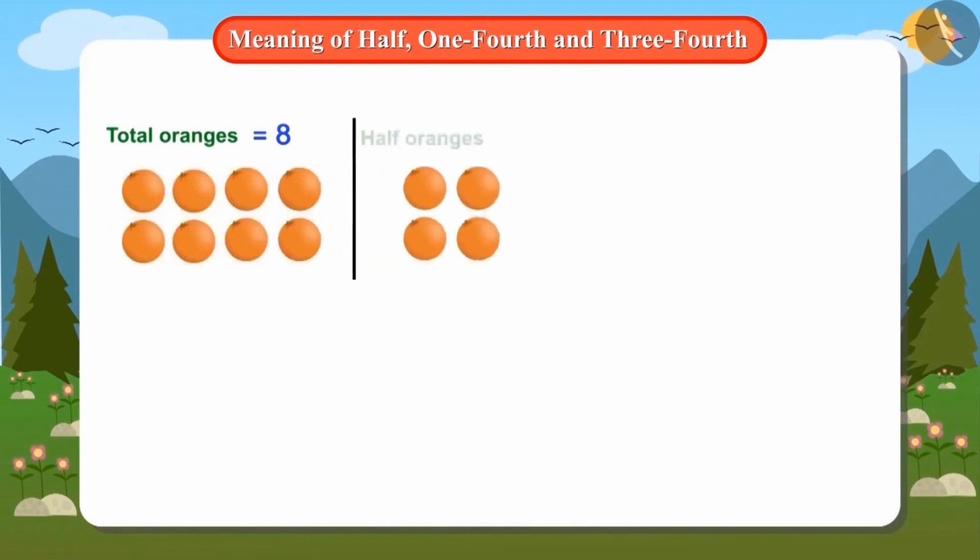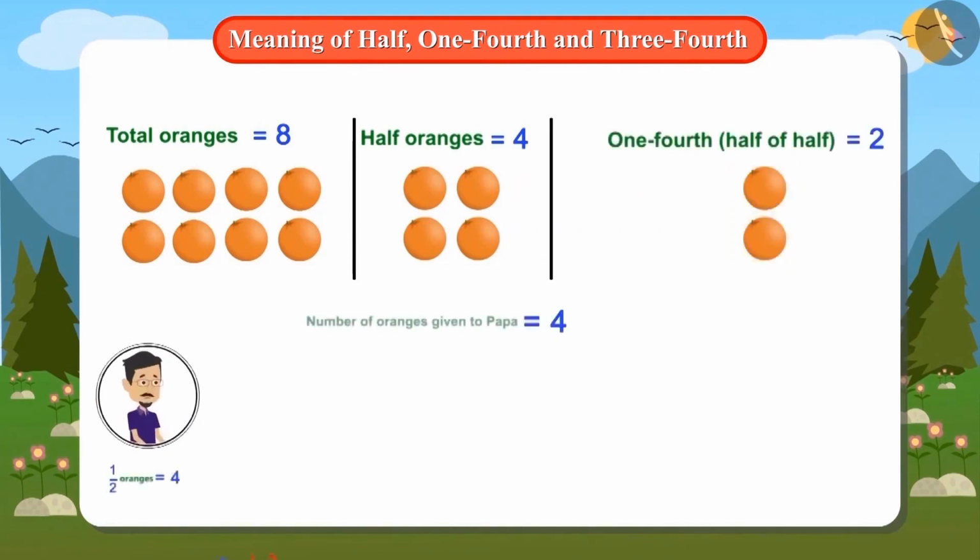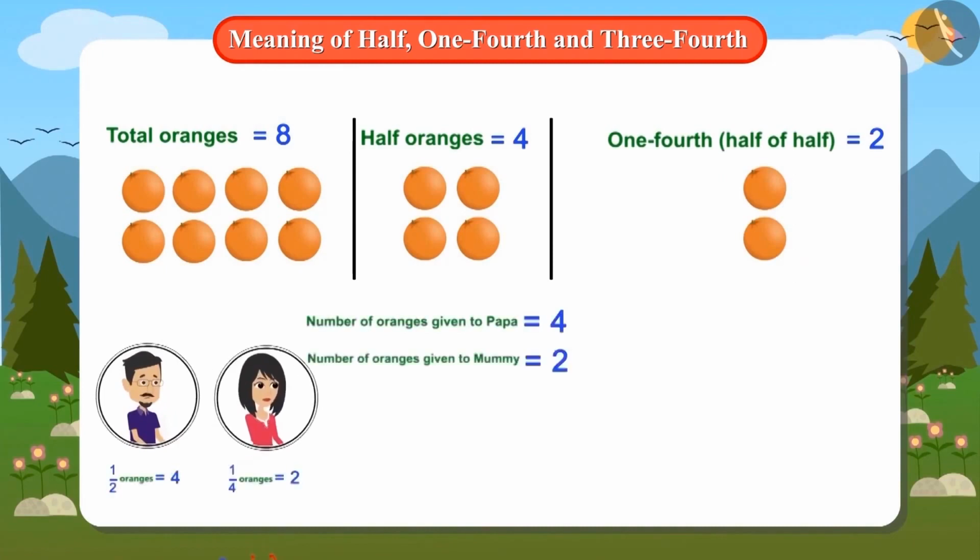Half of them is 4 oranges and 1/4 is to be calculated. Half of 8 oranges is 4. Then half of 4 is 2 oranges. This means Papa will get 4 oranges and Mummy will get 2 oranges. Now let's add these two. The answer is 6 oranges.